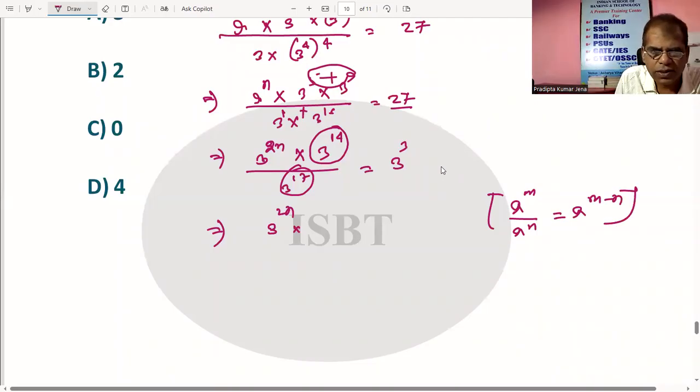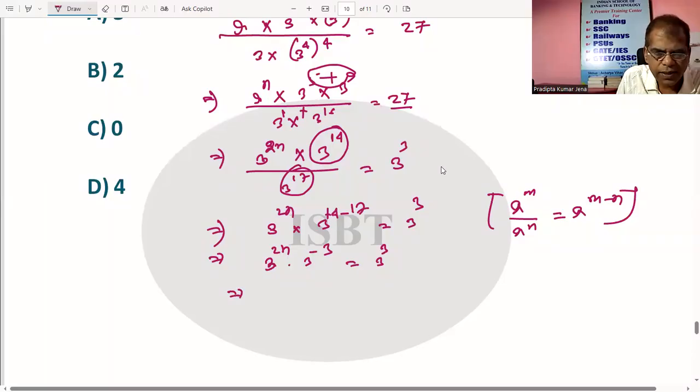So 3 to the power 14 minus 17 is equal to 3 to the power 3. So now 3 to the power 2n times 3 to the power minus 3 is equal to 3 to the power 3.